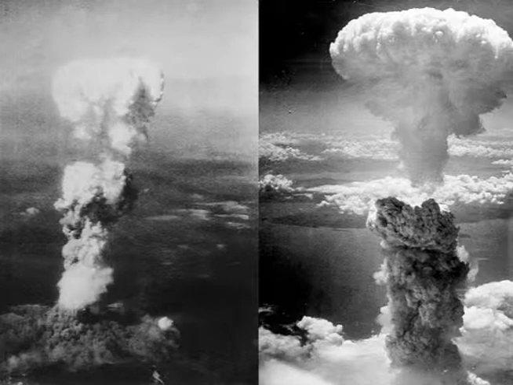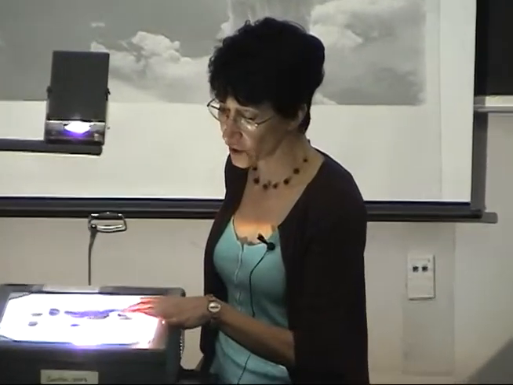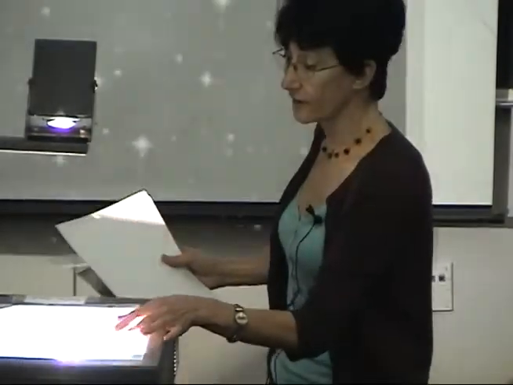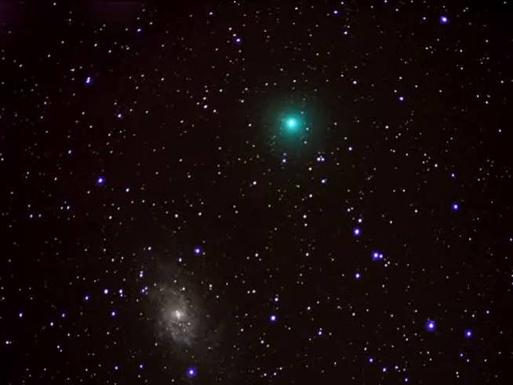These are photos of the atomic bombs which exploded in Hiroshima and Nagasaki at the end of Second World War. And here you have a picture of stars. So what do atomic bombs and stars have in common? Well, they are both fueled by the effect of this equation.